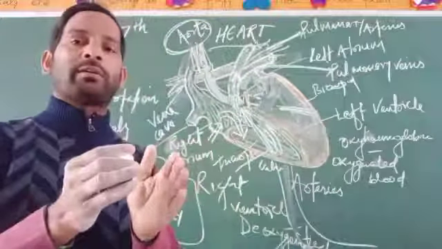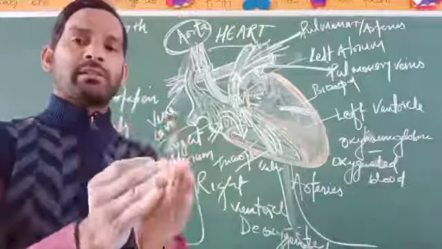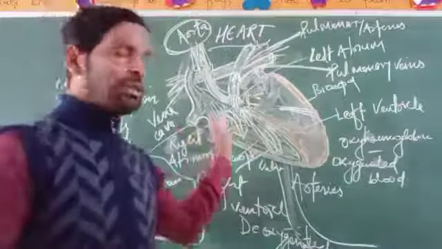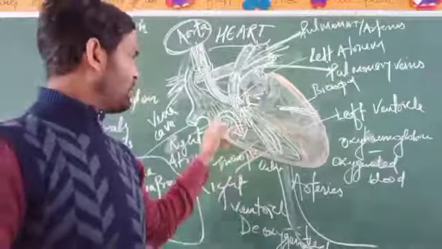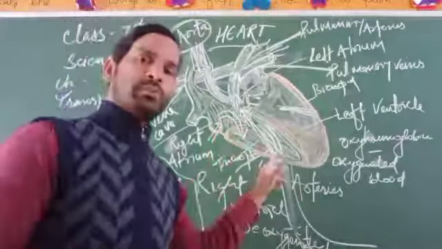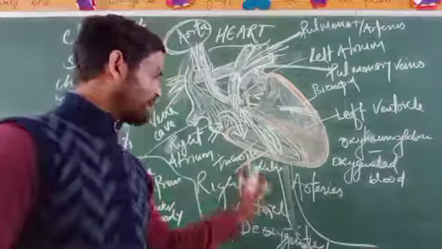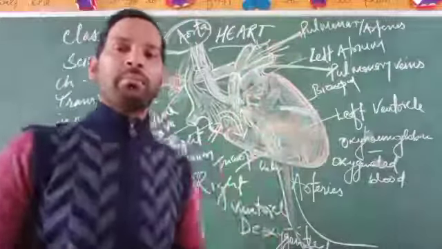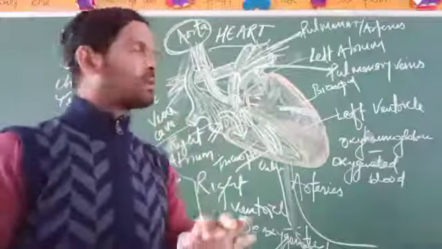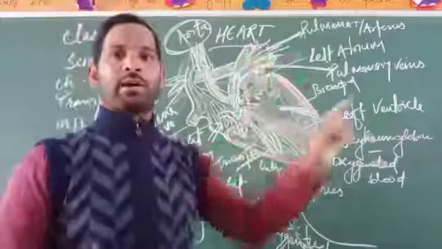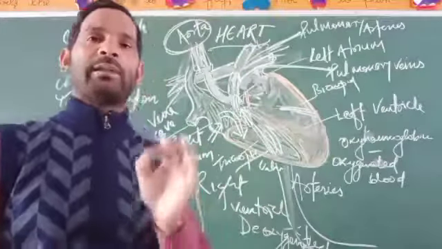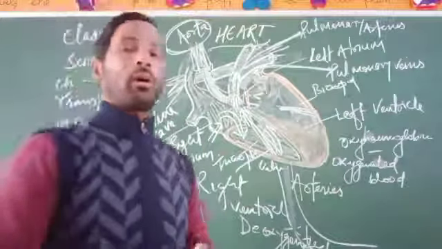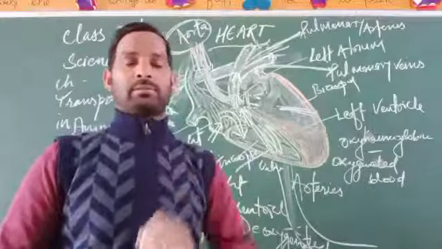The deoxygenated blood from the vena cava stored in the right atrium moves to the right ventricle, and from the right ventricle it moves on to the pulmonary arteries. These pulmonary arteries are connected to the pulmonary organ, which is called the lungs.